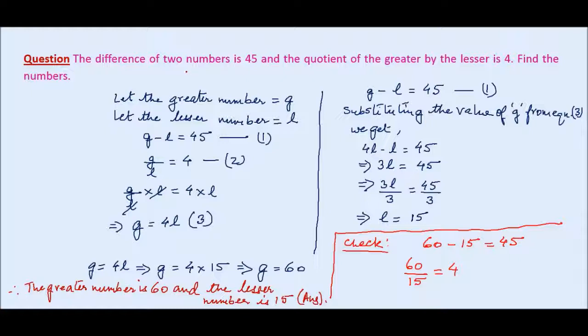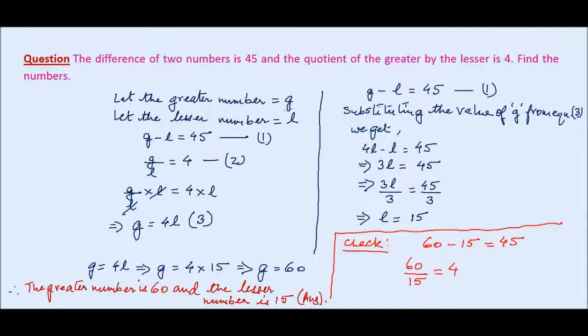Like over here, we are to find the two numbers. So since we have to find the two numbers, those two numbers become our variables for this question, and you can take the variables as x and y, or you can take names that suggest what they stand for. Like I have taken G for the greater number and L for the lesser number.